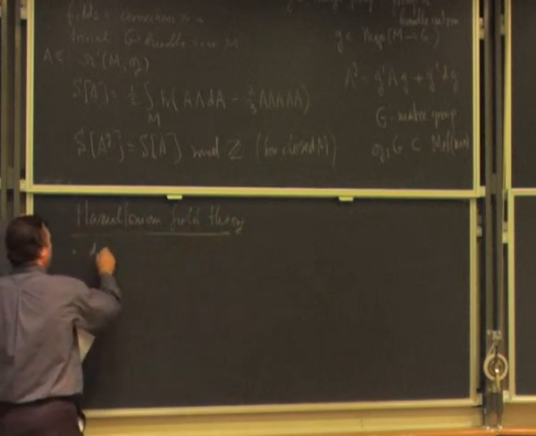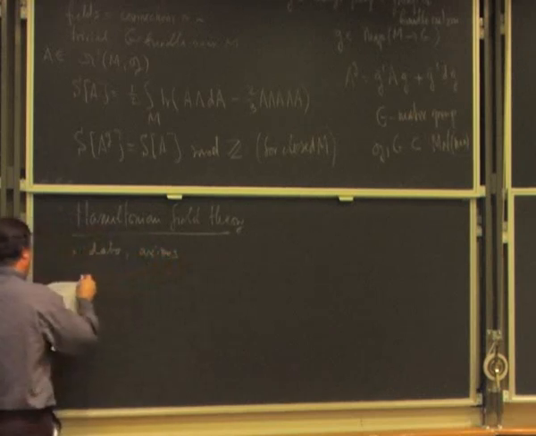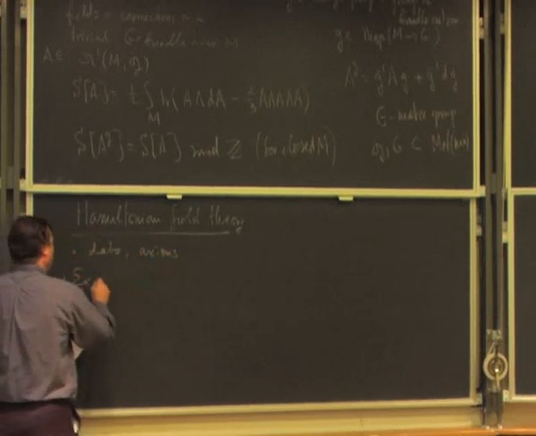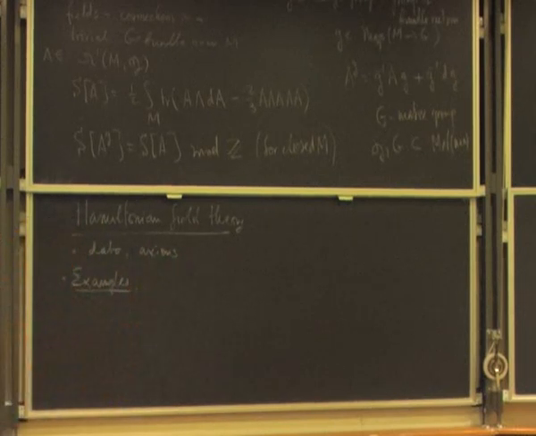So we had the data and the axioms, and then we have 2 examples. And if I remember correctly, I stopped just before describing the Hamiltonian structure for the scalar field.